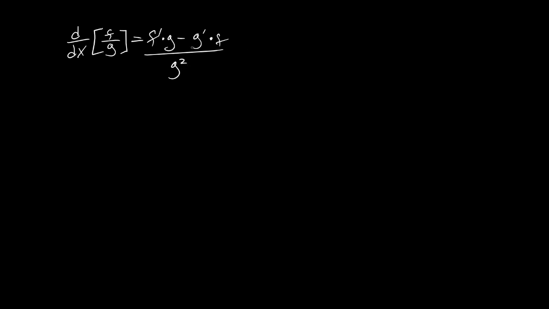Simple. So how can we do this? You're going to see problems like this and we're going to solve it. So this is one of the examples. D over dx, the derivative of x to the power of 2 plus 1 over x minus 3. So we're going to be finding the derivative of that.